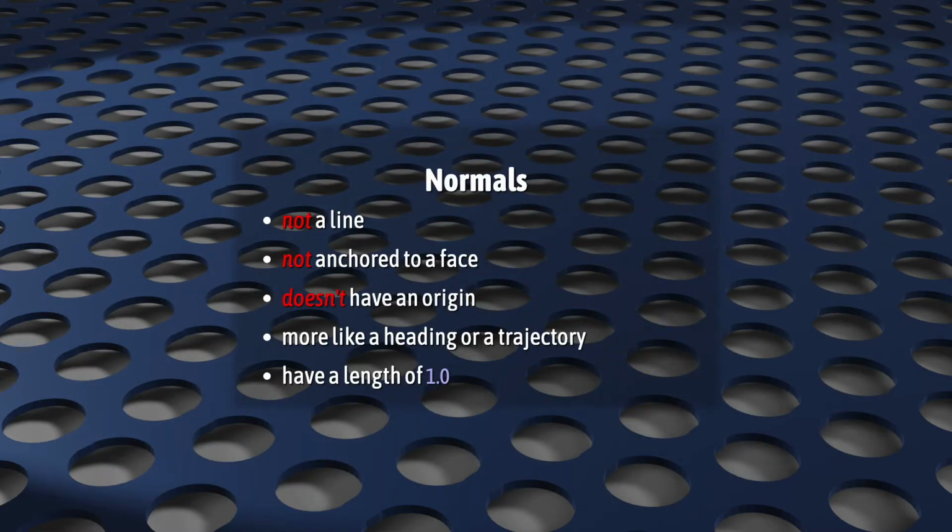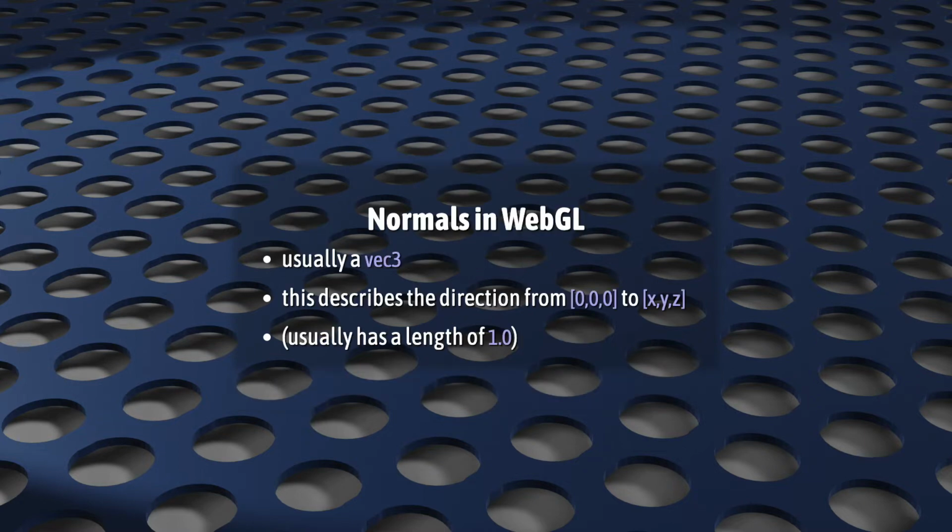While we usually visualize a vector as a line, it's not a line. And though we usually show a normal as anchored to a face or a vertex position, it doesn't really have an origin either. It's simply a direction, like a heading or a trajectory. We usually represent normals in WebGL as a vec3 with x, y, and z components, and in this form they do describe a line that runs from the origin at 0, 0, 0 to that x, y, z position, but they're just a direction.